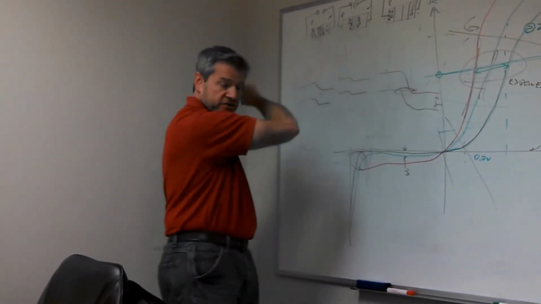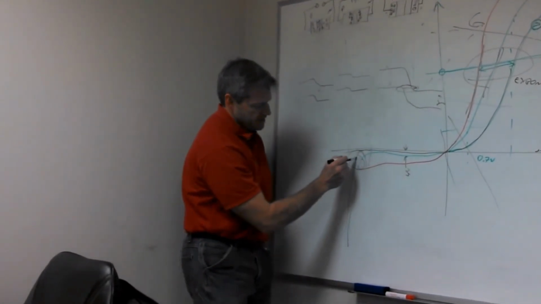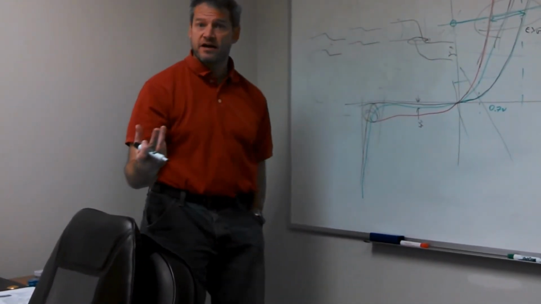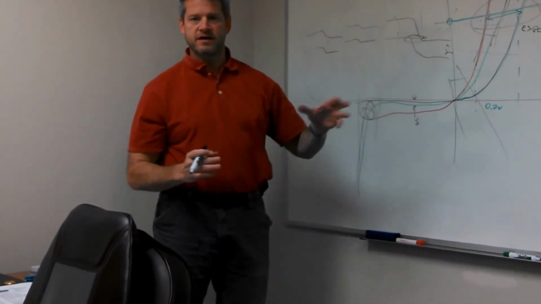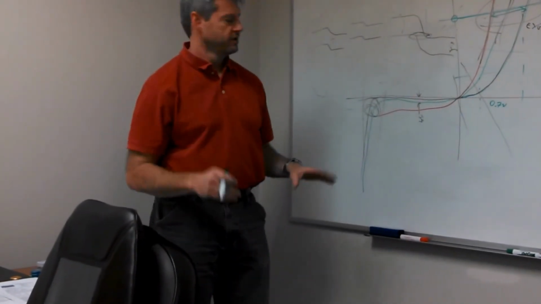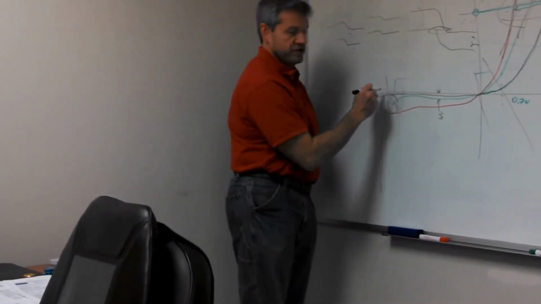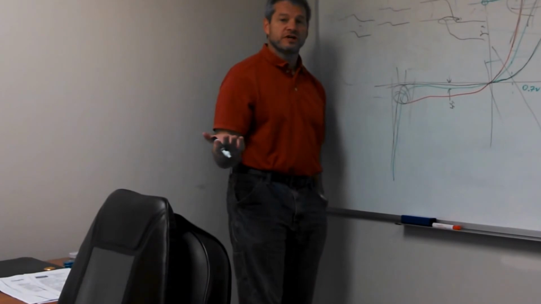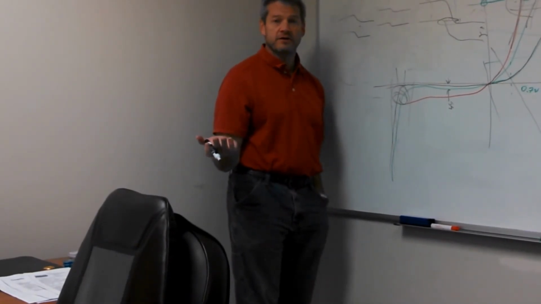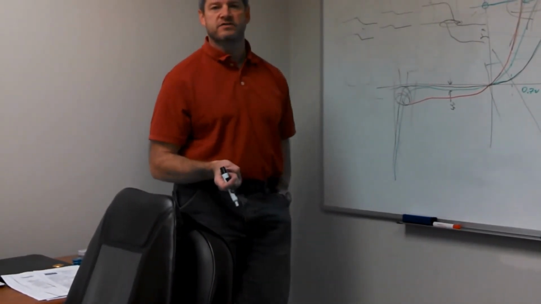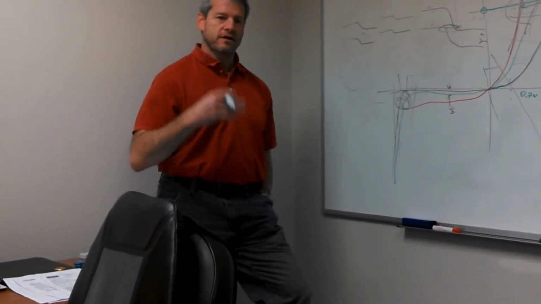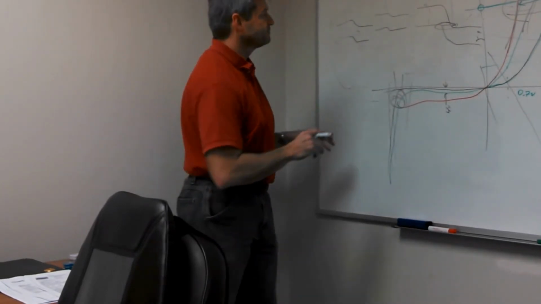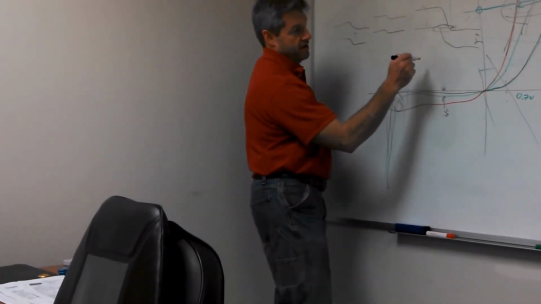So then you get reverse current flow, and now you're out here in the Zener region. And the neat thing about the Zener region, a Zener diode, is one that's made to operate right there, and they tune them for a specific voltage. You get a very, very small change in V for a very large change in current. It's a voltage regulator. It's not a great one, but it's good enough for a lot of things. It's good enough to be a stable reference for a voltage regulator, as long as the temperature doesn't change too much.